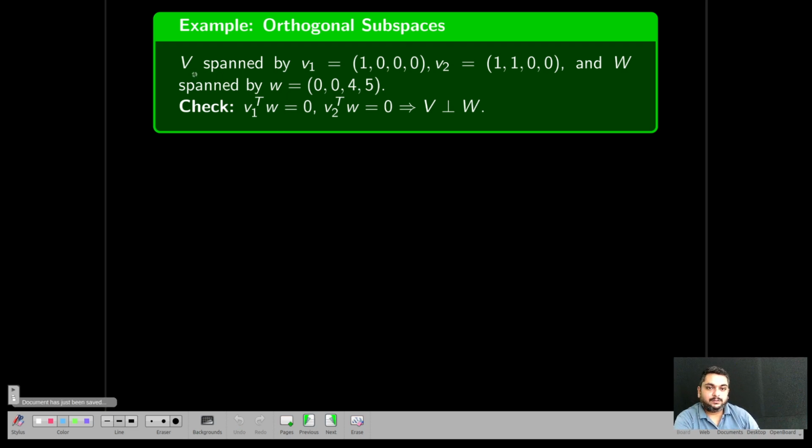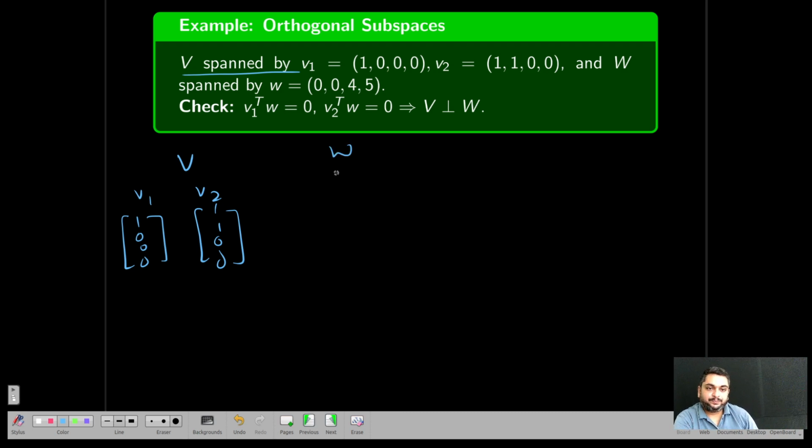So for example, let V be spanned by v1, v2. The V subspace has two vectors: v1 is 1, 0, 0, 0 and v2 is 1, 1, 0, 0. And W is spanned by, say, w1 equal to 0, 0, 4, 5. How will you say both subspaces are orthogonal? These subspaces belong to the main space R power 4. Are they orthogonal?